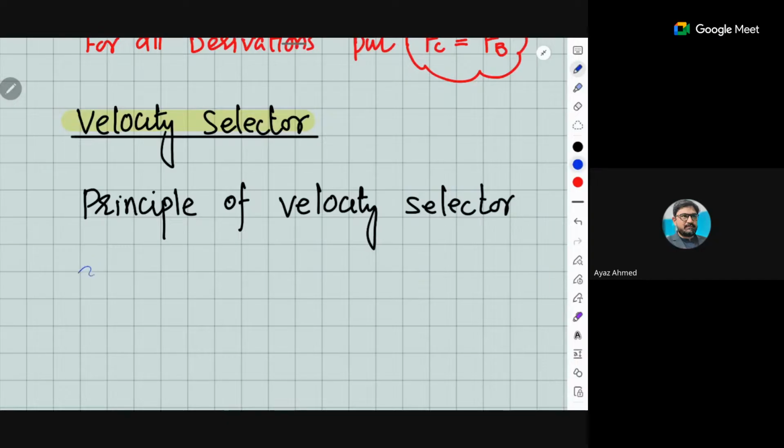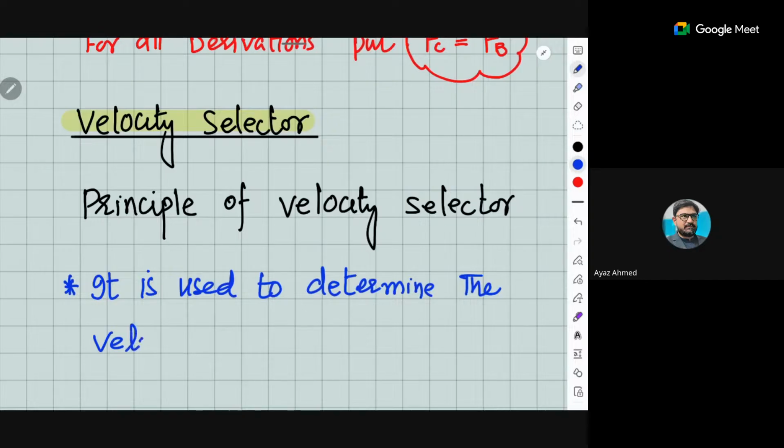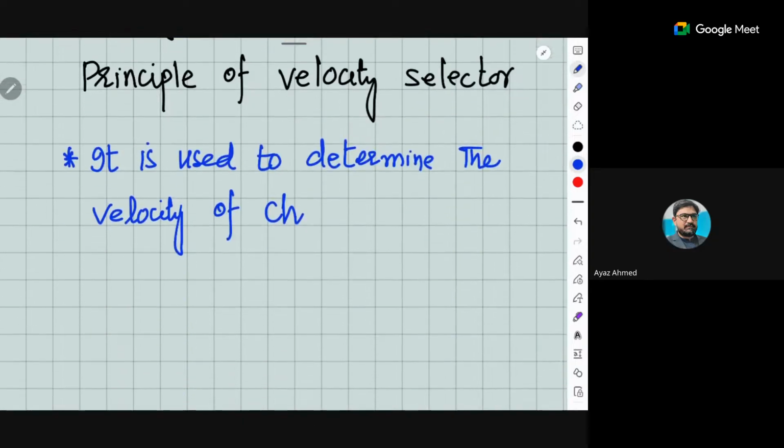First of all, I must tell you that velocity selector is used to determine the velocity of charged particles. That is why it is called velocity selector. Second point, it consists of two fields.